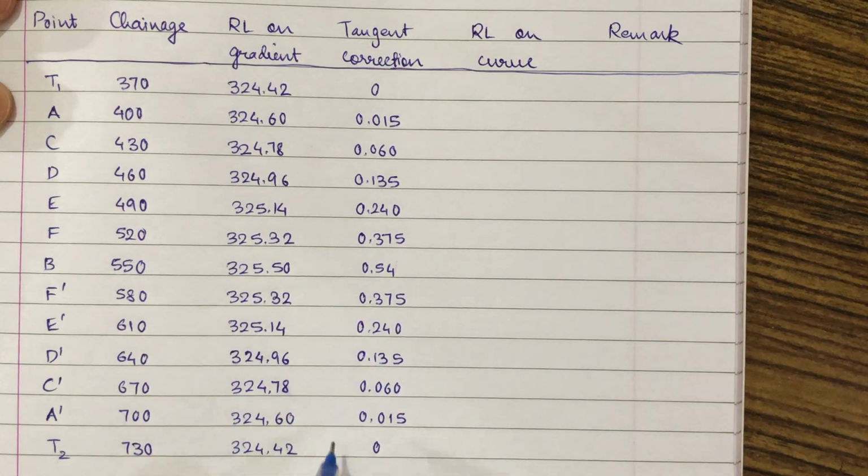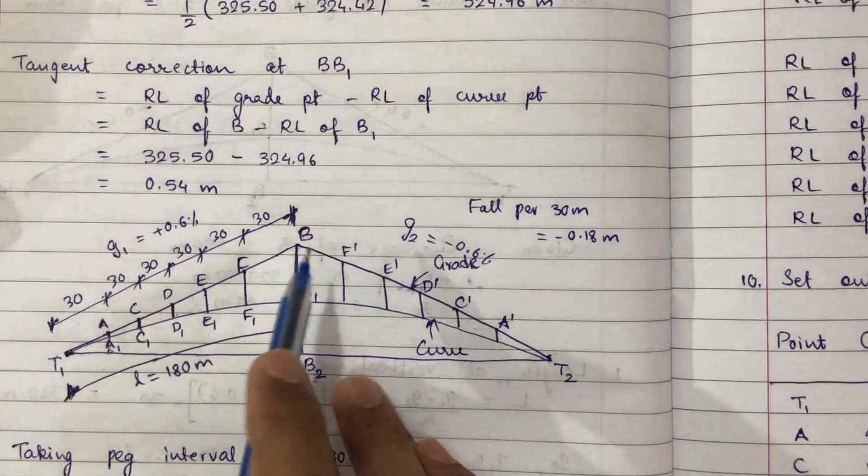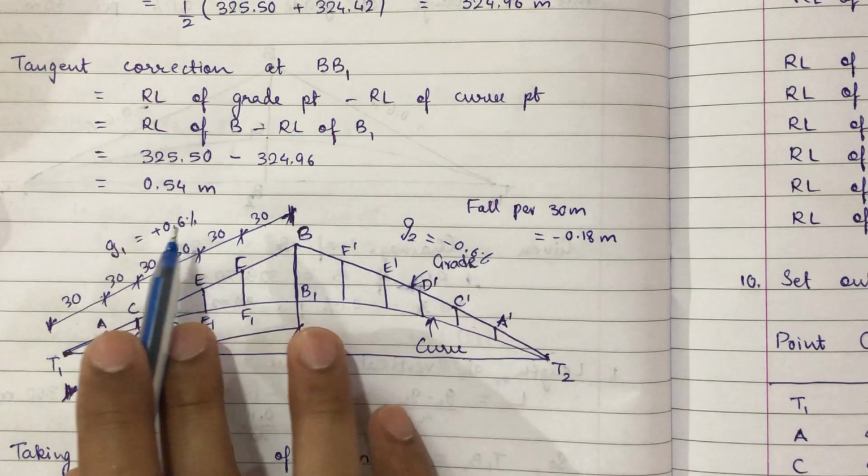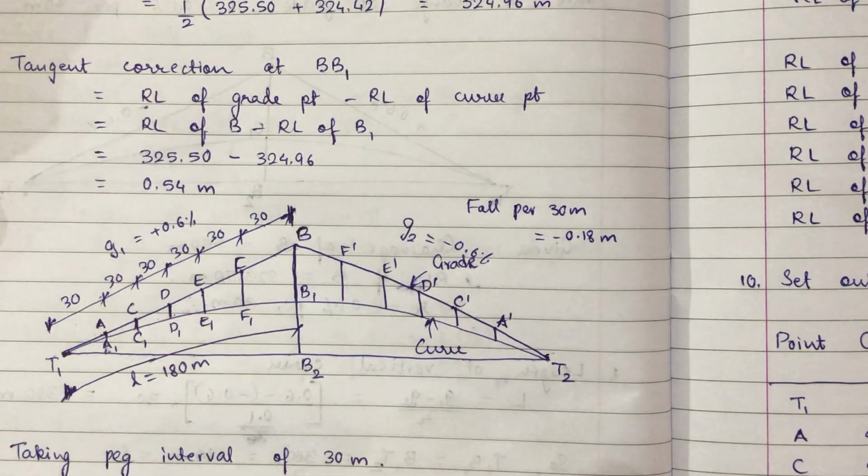This is happening because both the gradients had the same numerical value but opposite sign.